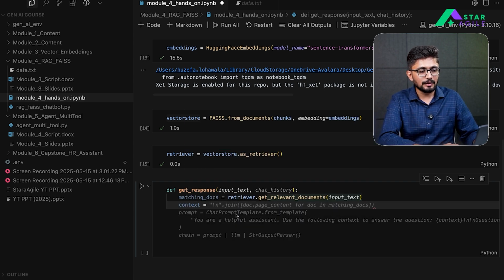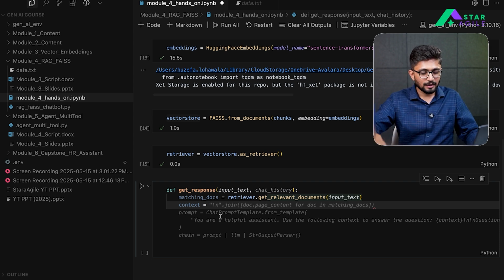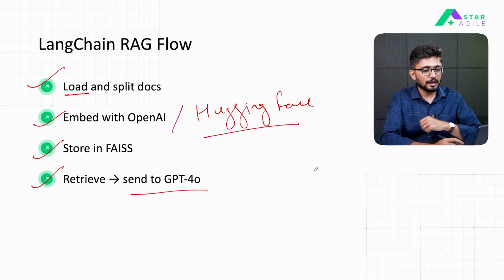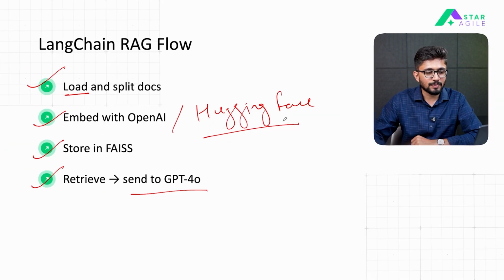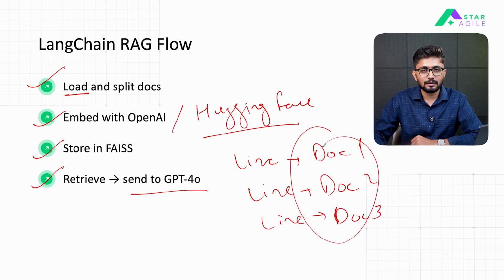Context is basically a string that contains all the relevant documents, one in each line. Imagine that we get 3 documents back. In line 1, we'll have the text from the first document, in line 2 the text from the second, and line 3 will have the text from the third. Like this, we'll create a string that contains the text from the retrieved documents. That is our objective here.